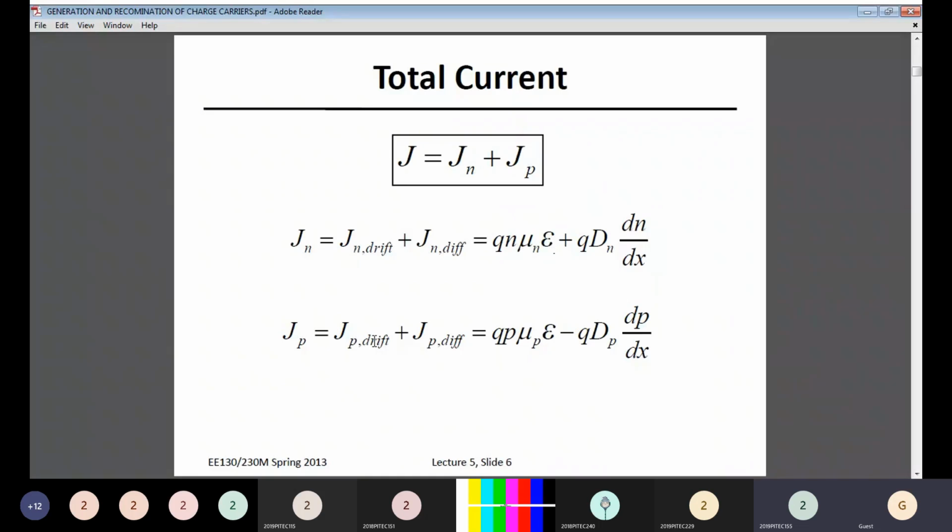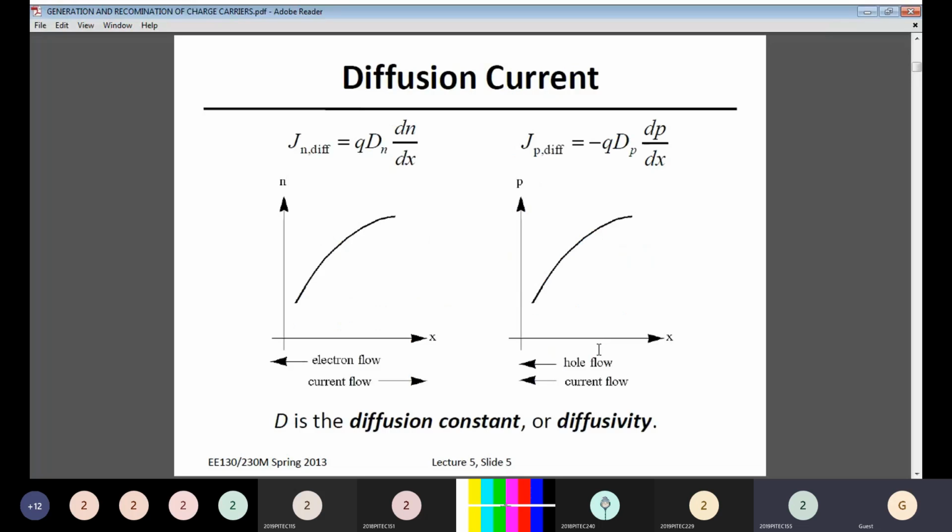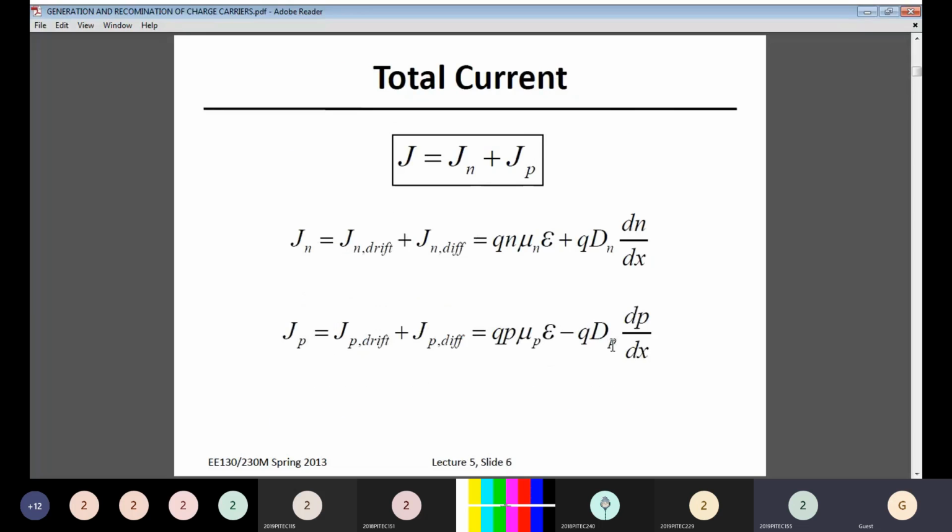Similarly, for the p-type region, Jp is equal to Jp drift plus Jp diffusion, which is equal to Q p mu p epsilon minus Q Dp dp by dx. Here Q is the charge, p is the number of holes, mu p is the mobility of the charge carriers, that is holes, and epsilon is the electric field. And we know that Jp diffusion, which we already found from the previous slide, is equal to minus Q Dp dp by dx.